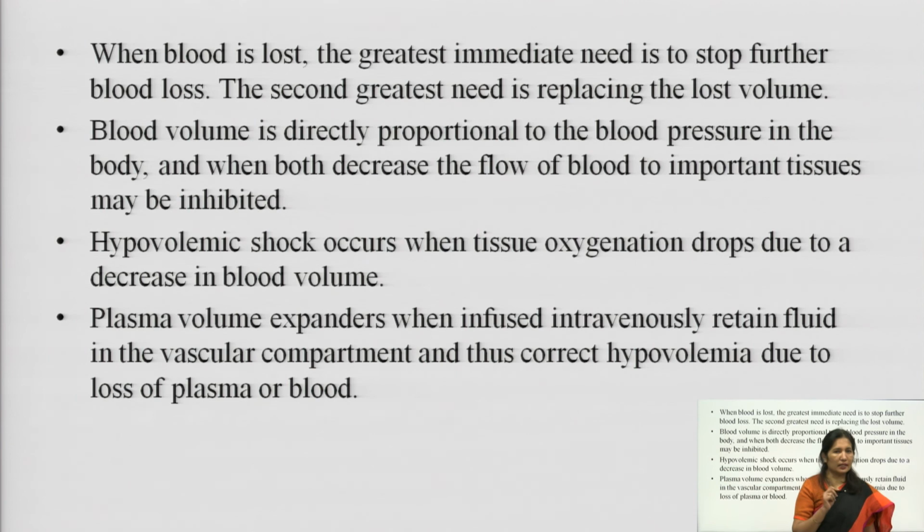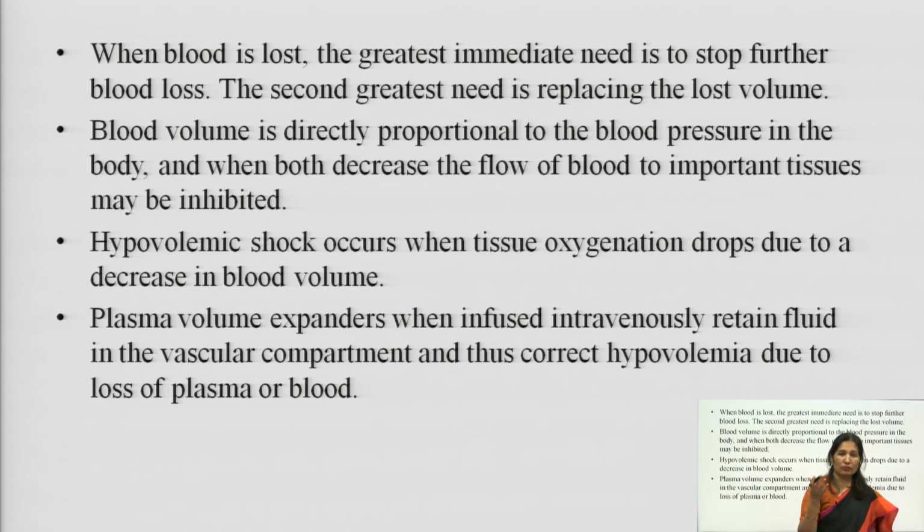So, plasma expanders, when infused intravenously, retain fluid in the vascular compartment and thus correct hypovolemia due to loss of plasma or blood. When they are present inside the blood vessel, they will increase the blood volume.